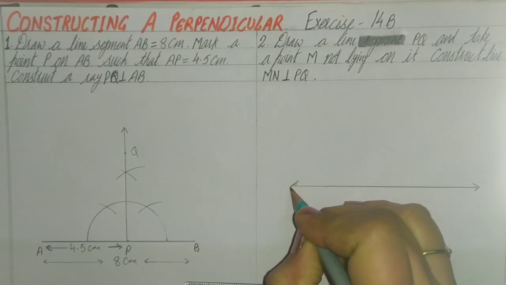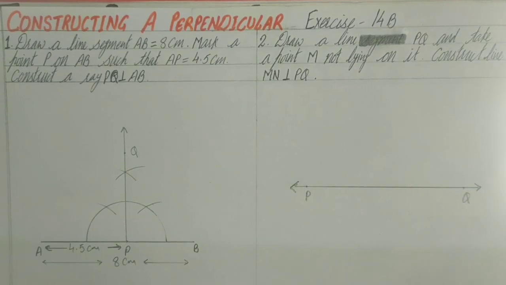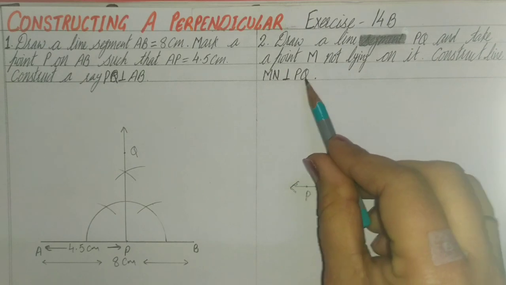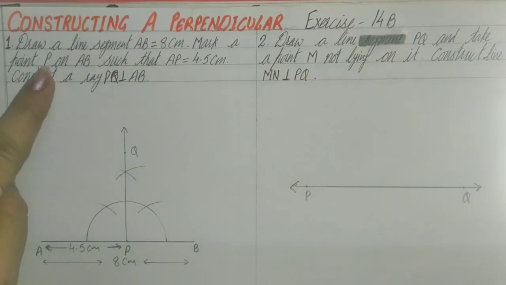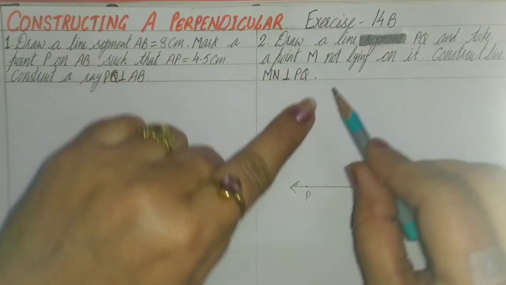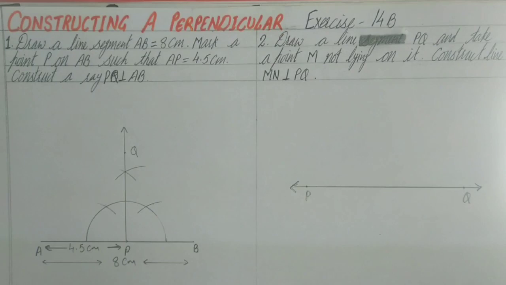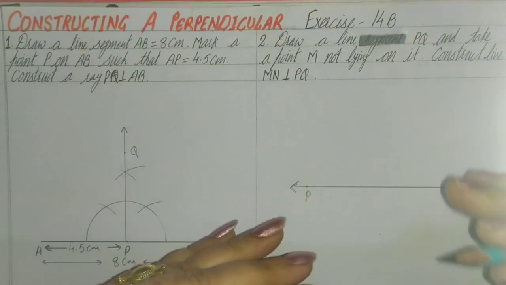So mark 2 points over here and label them as P and Q. Take a point M not lying on it. In the first question the point P was on the segment, but here the point M is not on the line. So you can mark this point M anywhere.